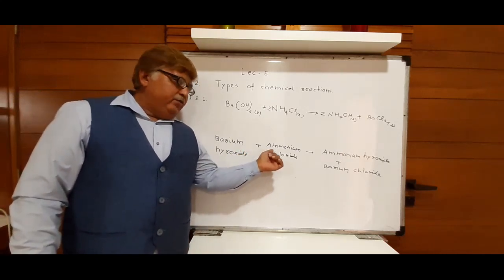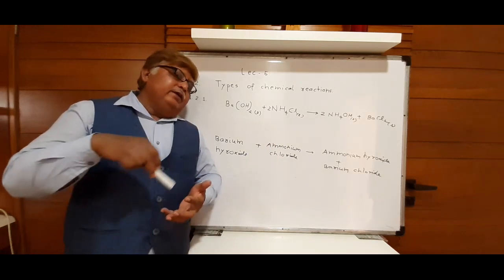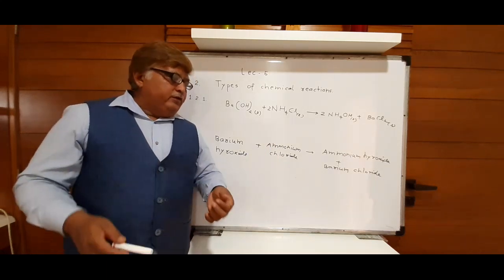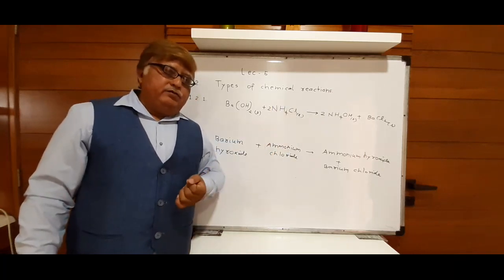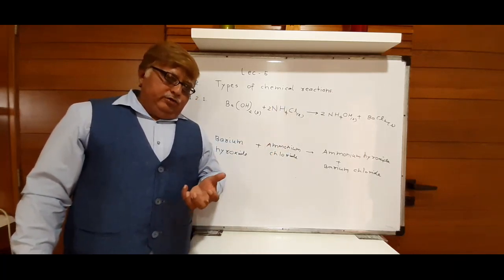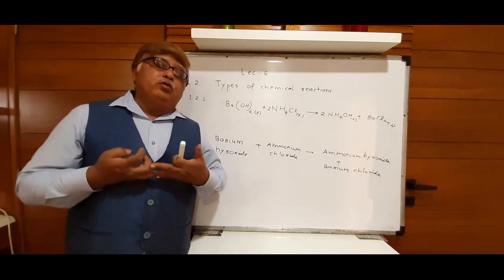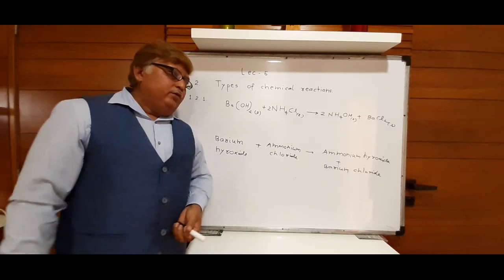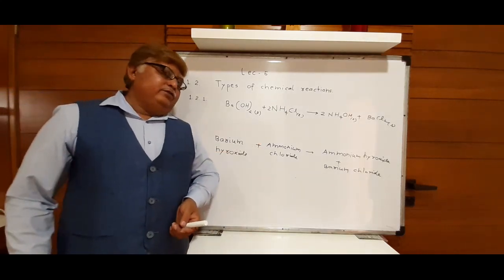When barium hydroxide and ammonium chloride are mixed in a vessel and stirred, within some period of time you feel cooler. Products are ammonium hydroxide and barium chloride, but during this chemical reaction heat energy is absorbed. That's why it is known as endothermic chemical reaction.